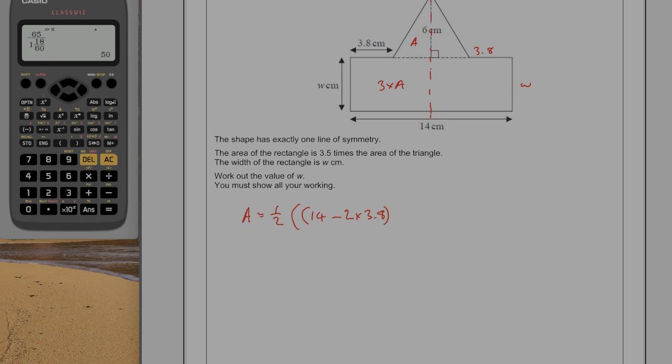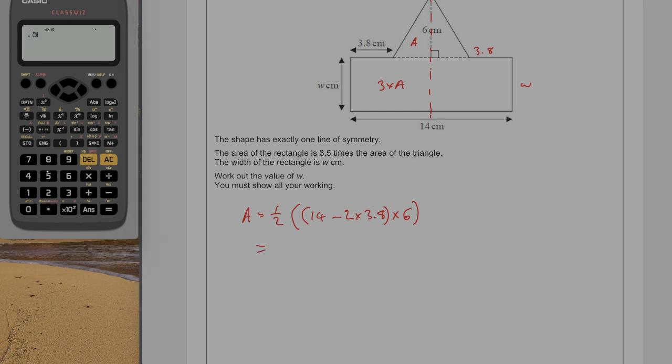And we want to times that by the height of the triangle, which is 6. So I'll type 0.5 just because I'm a bit lazy, 14 minus 2 lots of 3.8, times that by 6. So that's going to give me 19.2 centimeters squared.